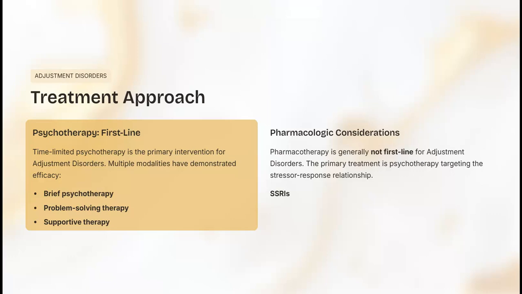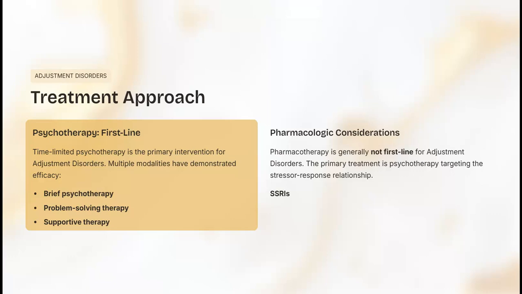So brief psychotherapy, that is short-term, focused on the stressor and what it means to the person. Problem-solving therapy is structured, practical approach, help them identify concrete actions they can take. And then, of course, supportive therapy, validate their experience, normalize the reaction, reinforce what's working. This is especially useful early on when people are acutely distressed.